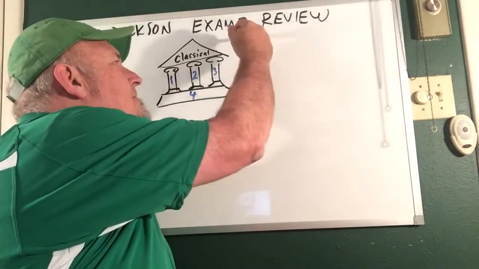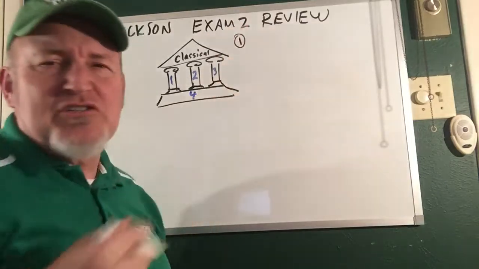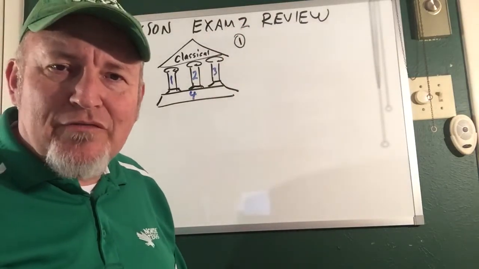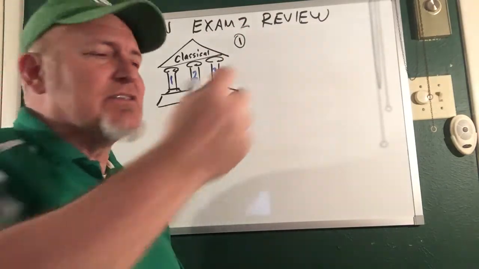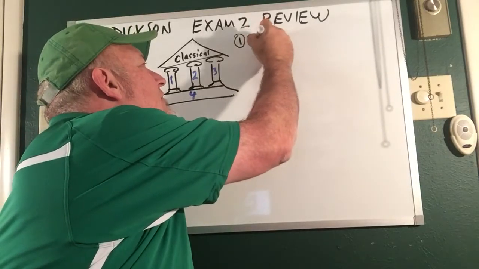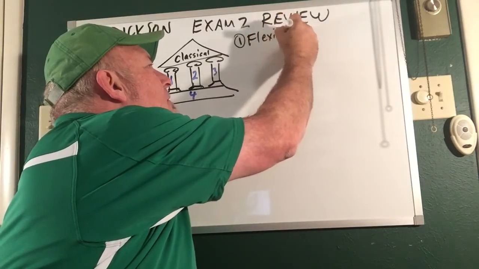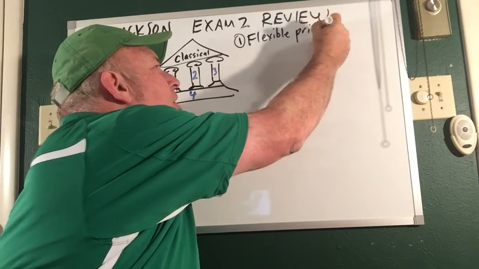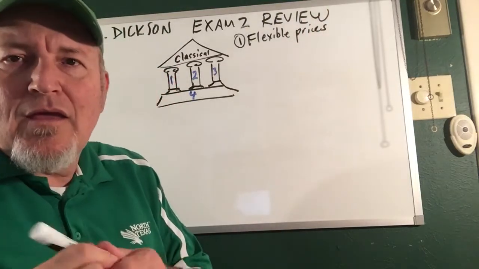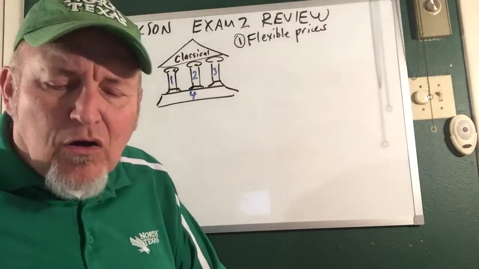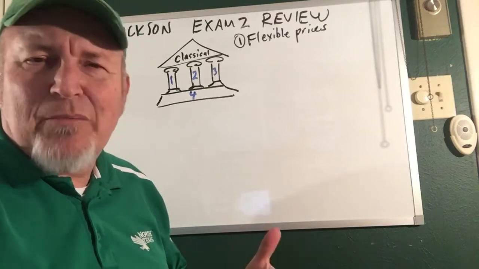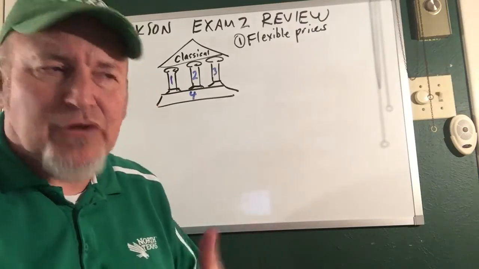So the first pillar of the Classical School of Economics is flexible prices. And that seems pretty straightforward. If you recall our discussion, what does that mean, flexible prices? Well, it means prices change.